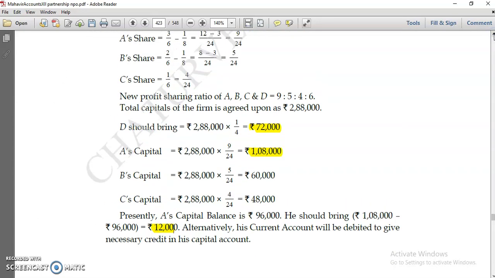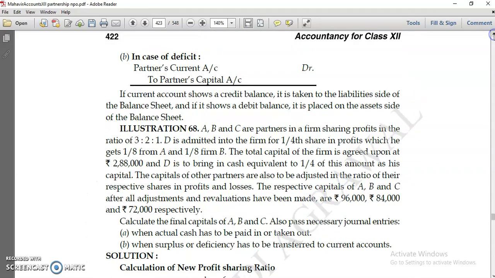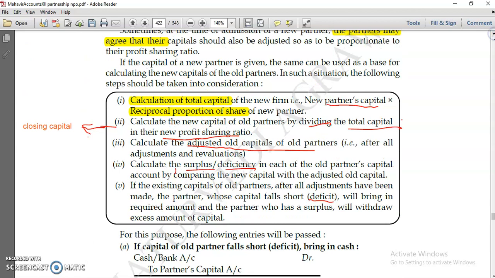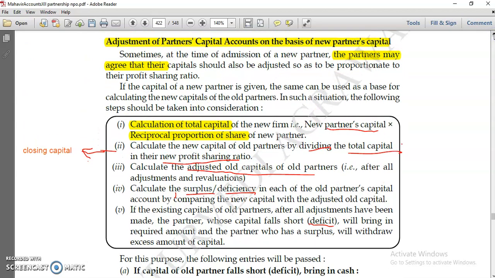So this is all about this video on how to adjust the capitals. Before getting over this meeting, I'll summarize what we did in this video. That is adjustment of partners' capital on the basis of new partner's capital.